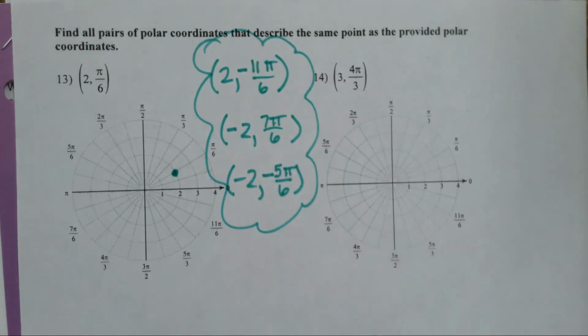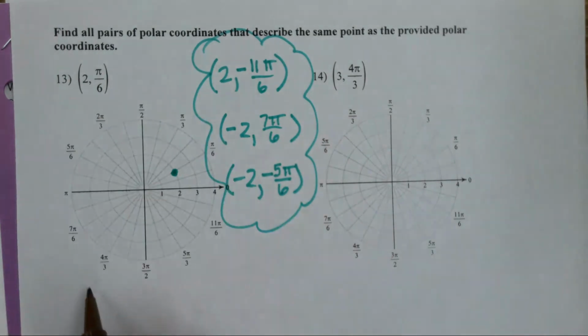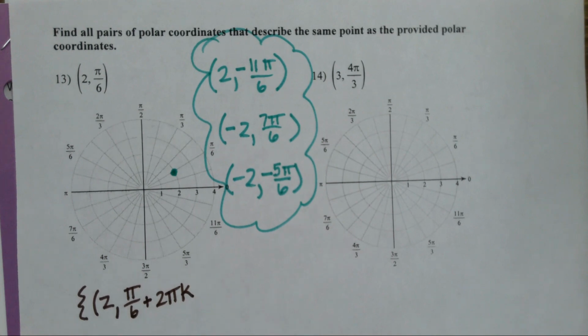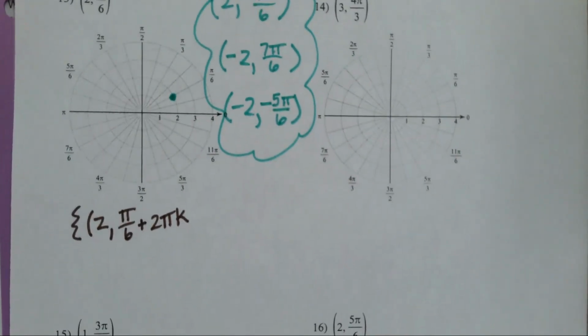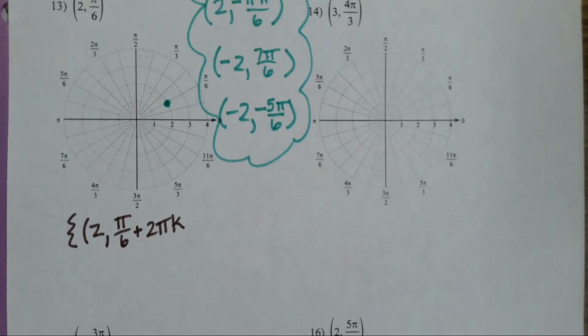I'm going to do the same here, all right? So I want to take a positive one. I'm going to take the first positive one. My angle is 2 comma pi over 6 plus 2 pi k. That will get me around and around. So that's my first solution: 2 comma pi over 6 plus 2 pi k. I need another solution.